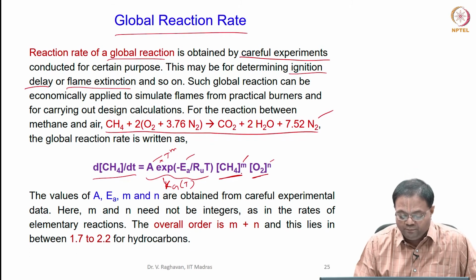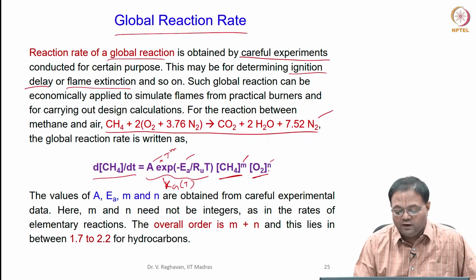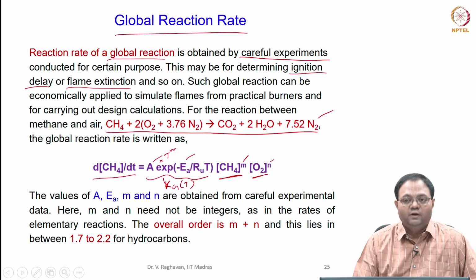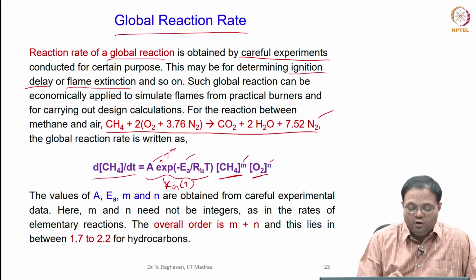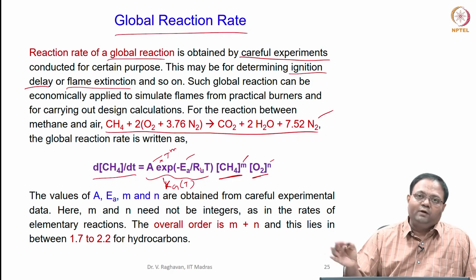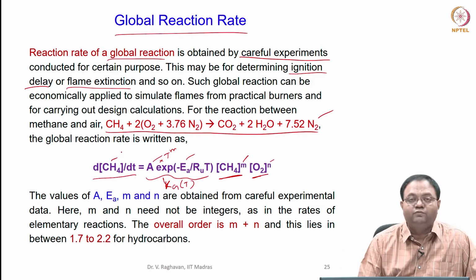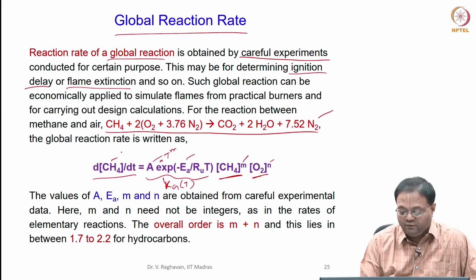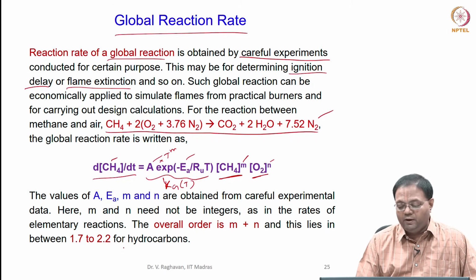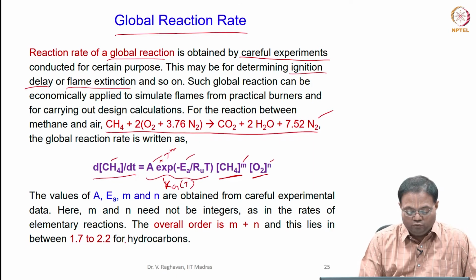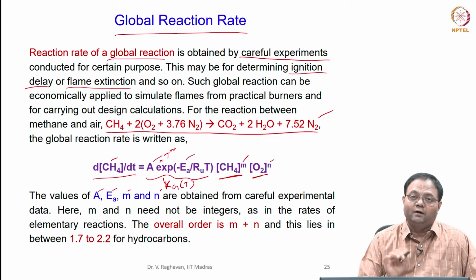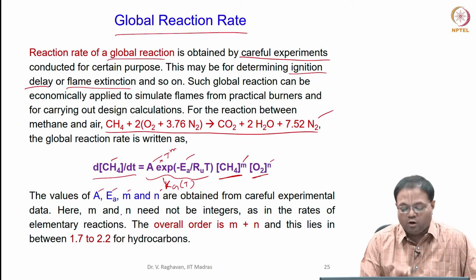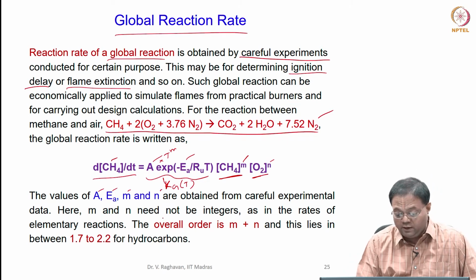Now this m is not 1 or n is not 2 into 4.76. They are not stoichiometric coefficients. m and n are determined by curve fit, in which you conduct experiments in several isothermal conditions and measure the concentration of CH4 as a function of time, and then fit this curve to get the values of m, n, A, EA, etc. So the values of A, EA, m and n are obtained from careful experimental data. m and n are not stoichiometric coefficients and they need not be integers.